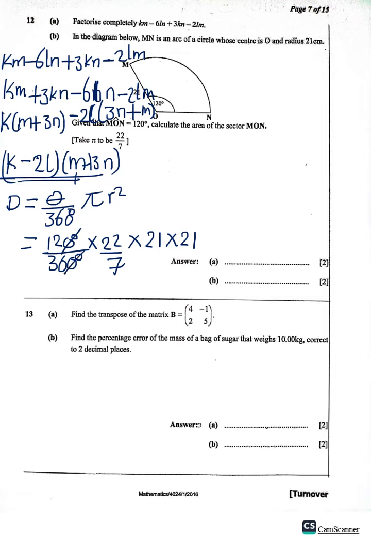So we can see that on top we have 12 over 36 is same as 3 times 12. Then here we have 22 over 7. Then 21 is same as 3 times 7 times another 21.